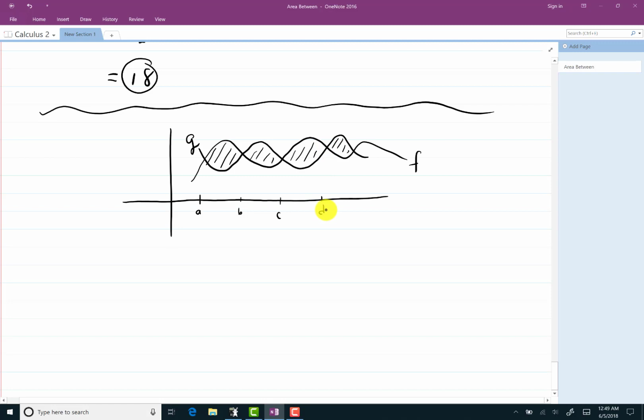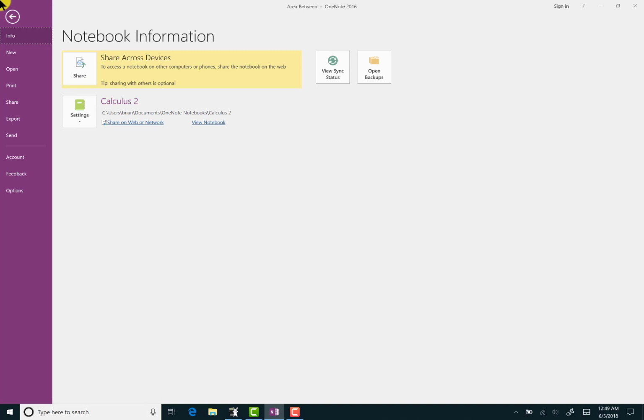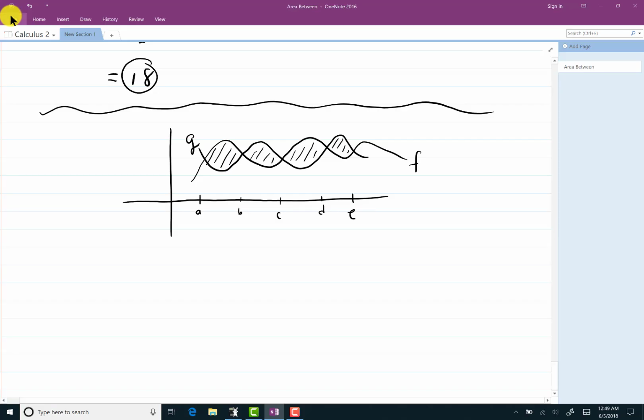Let's label the intersection points a, b, c, d, and e, not to be confused with the exponential e. So what you could do is calculate this piece here. Here g is the lower function and f is the upper function.